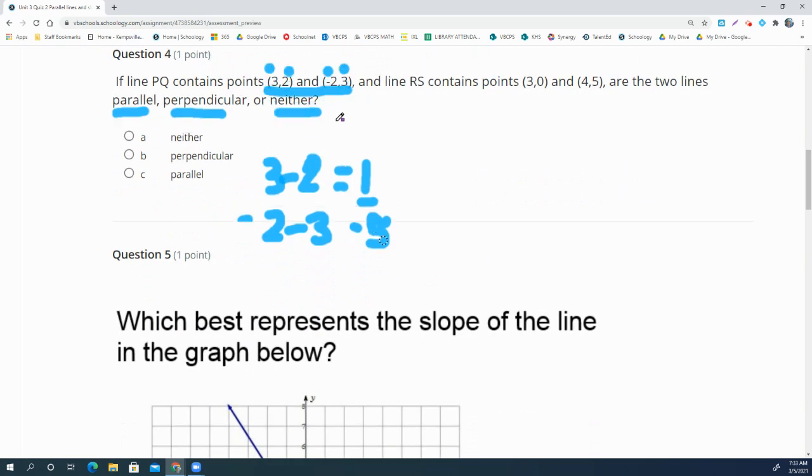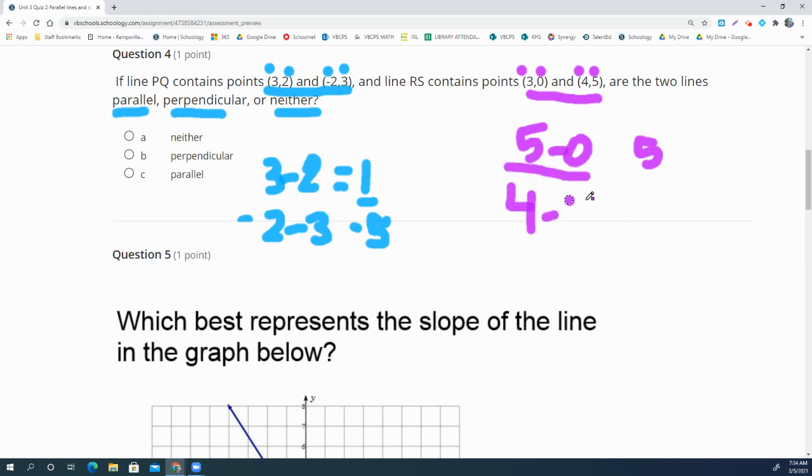So if that first slope is negative 1/5, we got to find the second slope. Do the exact same thing, y minus y, so 5 minus 0. That equals 5. And then x minus x, 4 minus 3 is 1.